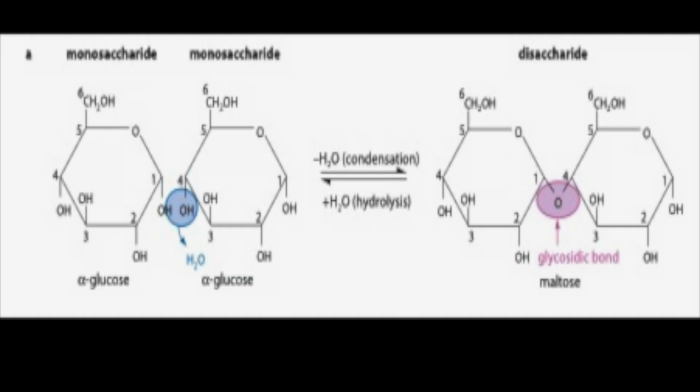This glycosidic bond is formed by a condensation reaction, which means that water is being removed, and this is done by using the OH groups that we find in our sugar molecules. Basically 2 OH groups can enable us to remove 2 hydrogens and 1 oxygen atom to form the water that we're going to remove.